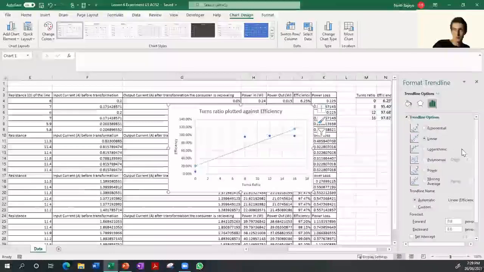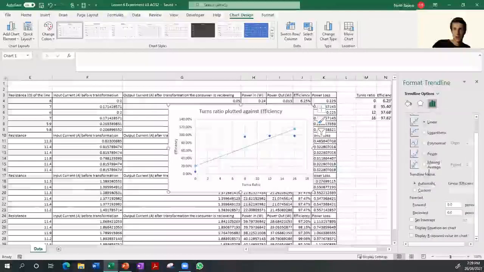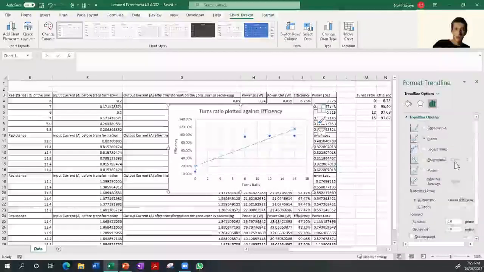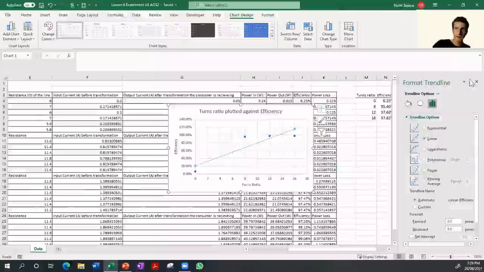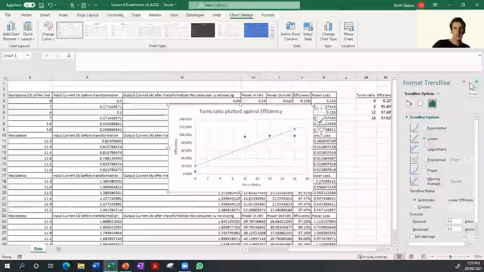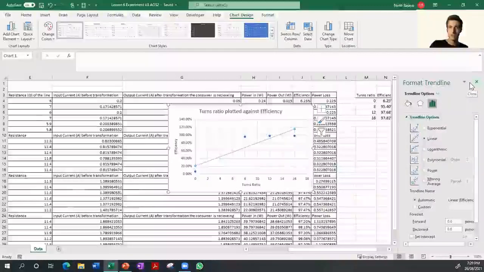So what are we going to do? We could attempt to put another version of these, or we can try something else. And what we're going to do is try and raise to the power of -2. So what we're saying is that y is equal to x to the power of -2.